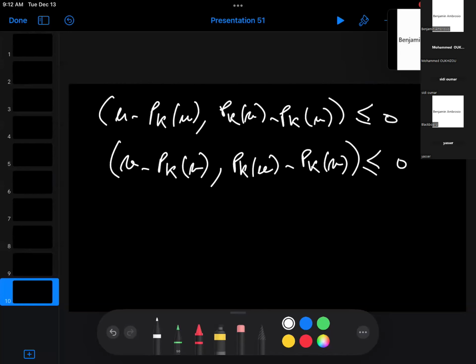Now I sum up these two equations. So I multiply here by minus and here by, so this and this.